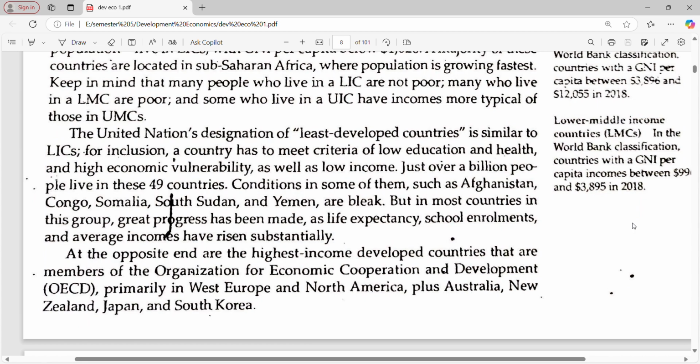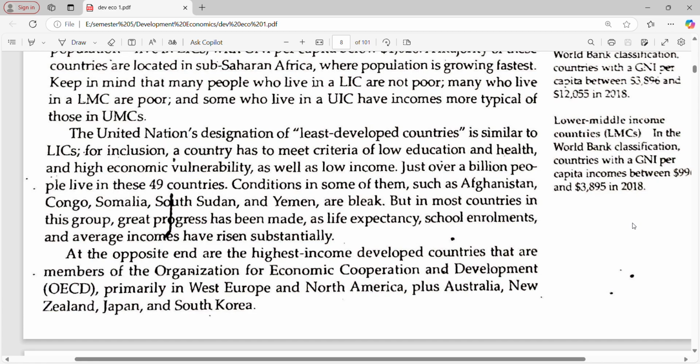Middle income countries now host over 60% of the global population due to significant growth in countries like China, India, Indonesia. Upper middle income nations have GNI per capita between around $4,000 and $12,000, while lower middle income countries range between $1,000 and $4,000.